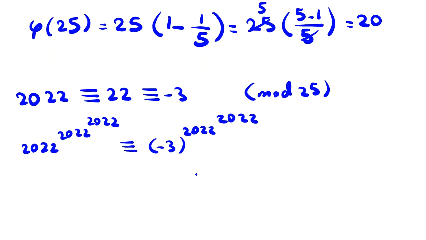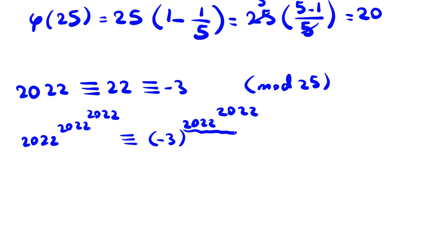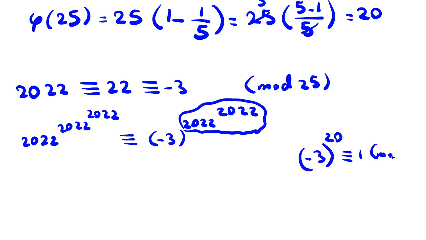Now here we should find the remainder of this power mod 20, because we know negative 3 to the power of 20 is 1 mod 25. So each 20 negative 3's that multiply will be 1. So we should find the remainder of this number mod 20.